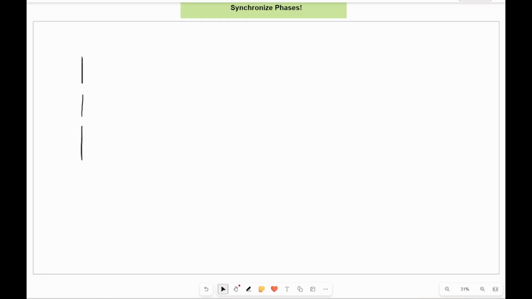We have a double slit, and we're going to be interested in some point here. I'm just going to say E is this way. So the light signal is coming in from the bottom. The electron is coming in from the top.